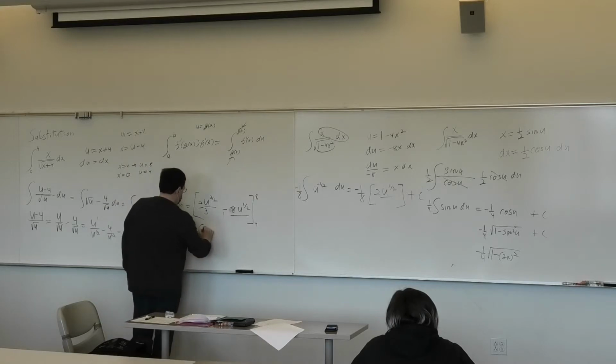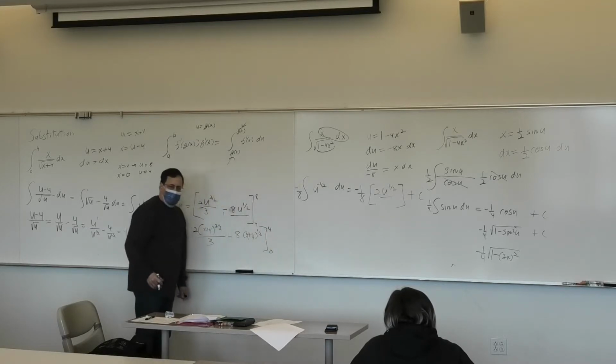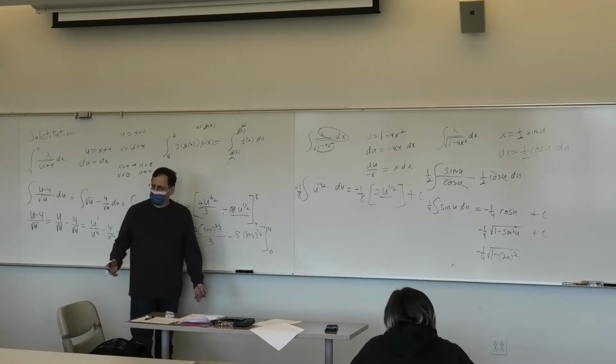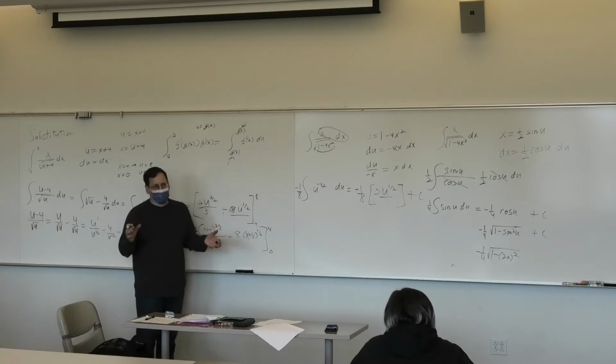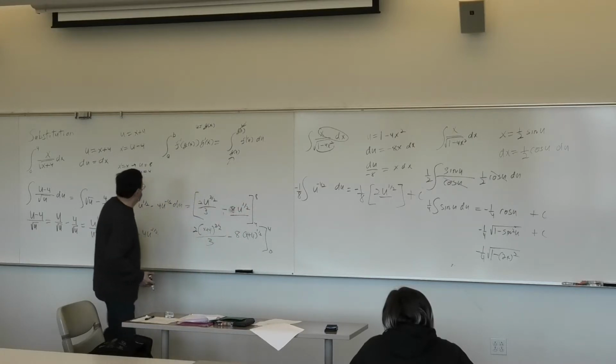So I would always just go say x plus 4 to the 3/2 over 3 minus 8 times x plus 4, from 0 to 4. Life is short, there's two ways to do something and you like one better, go ahead, do it. You may like this way better.